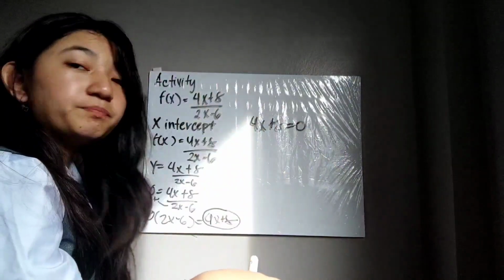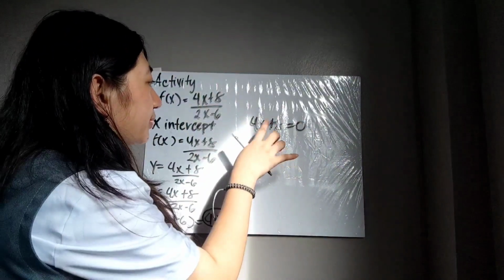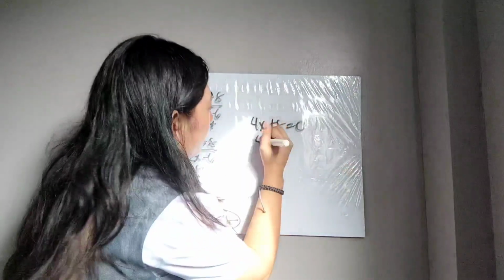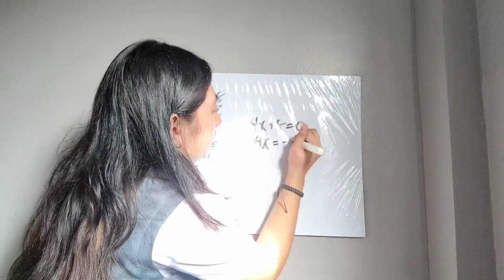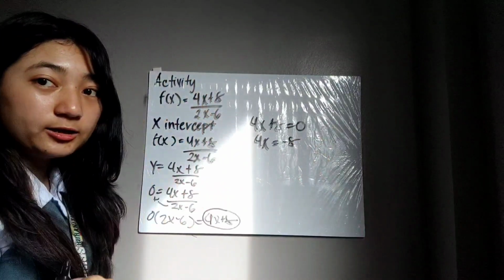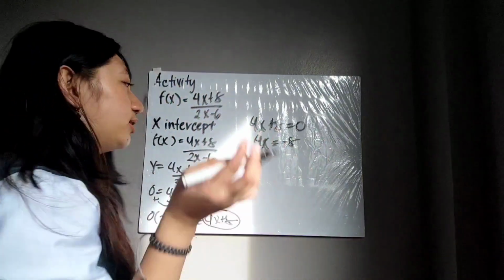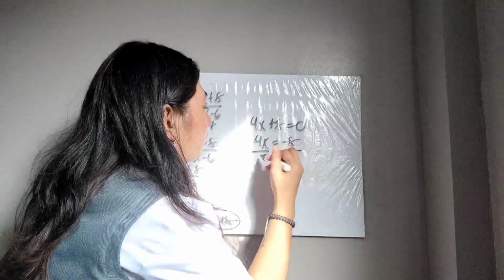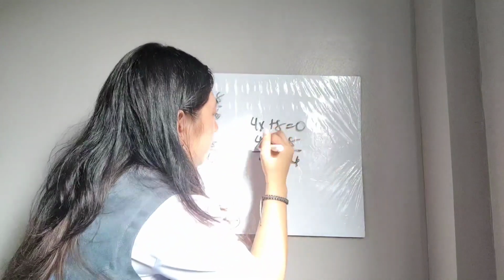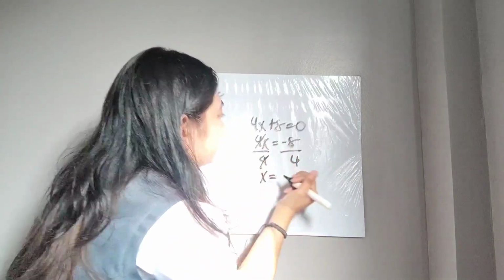So, ganun ulit. Tuloy natin yung positive 8 and nilipat natin para matira yung x. And yung paglilipat, may ibang sign, and which is magiging negative siya. So, paano makancel yung 4? Divide sa x is 4. So, cancel is x.